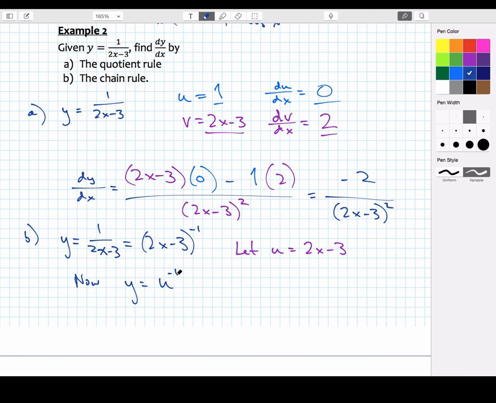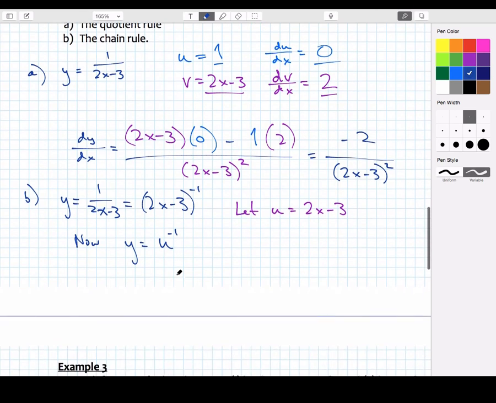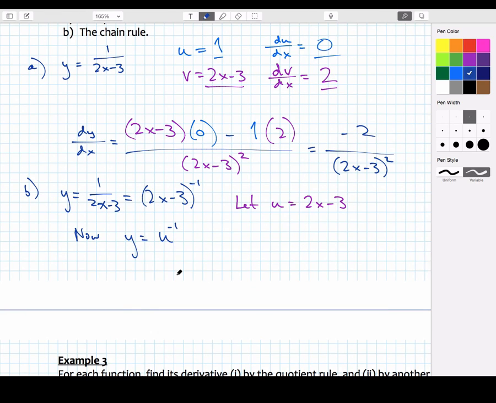If we recall, dy/du is the derivative of u to the negative 1, which is minus u to the power of negative 2, which is negative 1 over u squared.